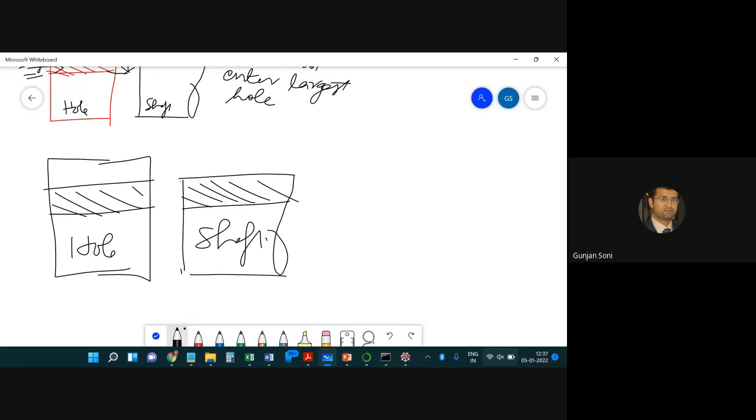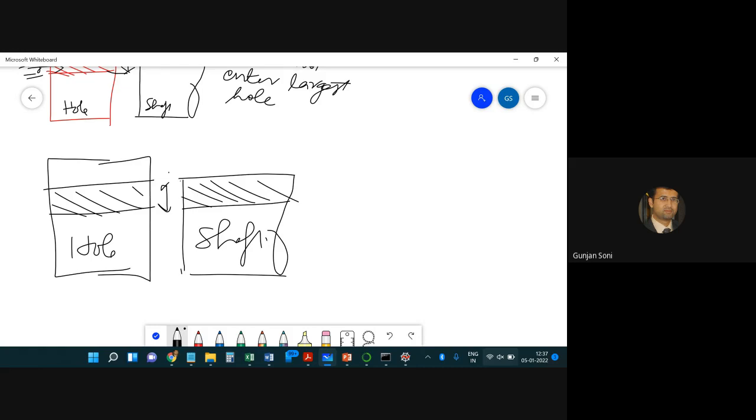So their tolerance zones are pretty much intersecting with each other by a larger extent. Okay, we won't say they are exactly the same, but they have common tolerance zones. They have some material common in these tolerance zones.